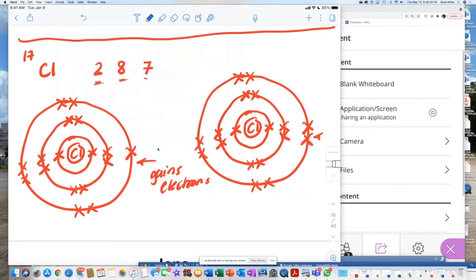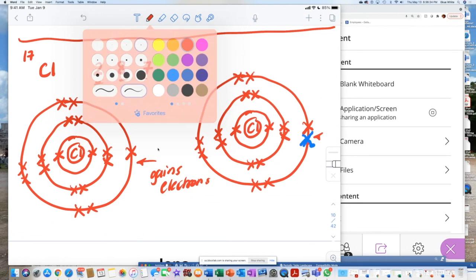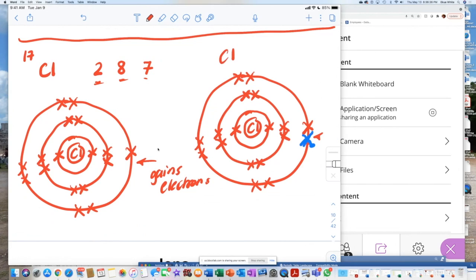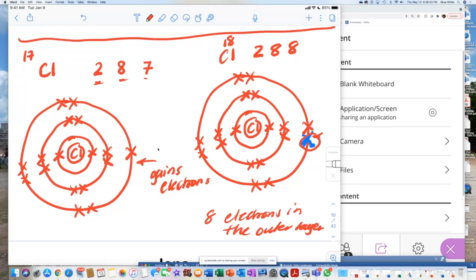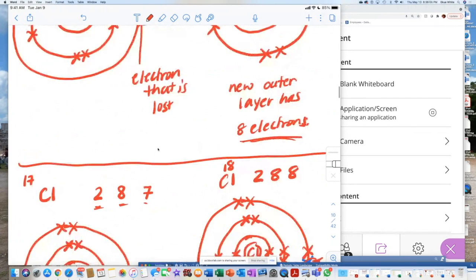Let's give it a different color, blue. This is the new electron that came in after the fact. After the new electron came in, chlorine now has 18 electrons in the order 2, 8, 8, right? This is a new electron, as you can see. Now we have 8 electrons in the outer layer. Okay, so having 8 electrons is the goal, and 8 electrons is considered stable.